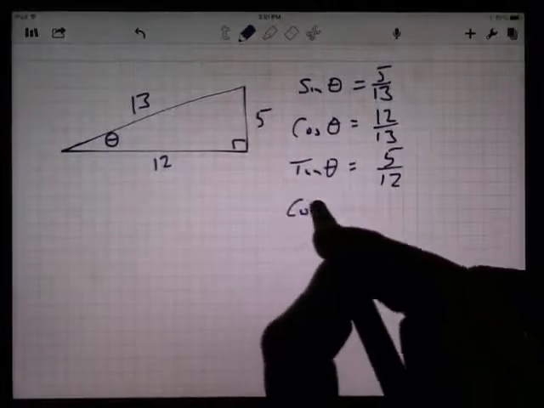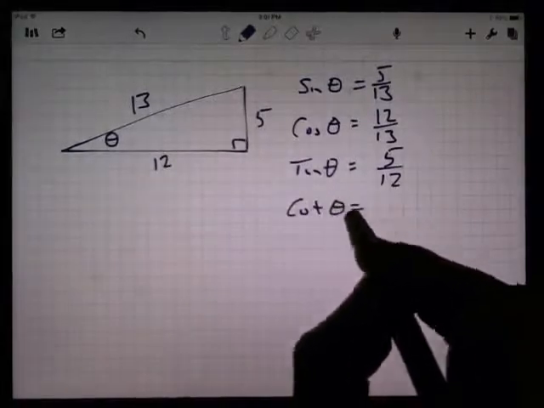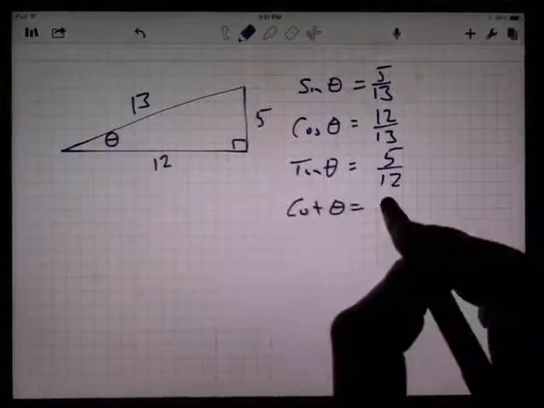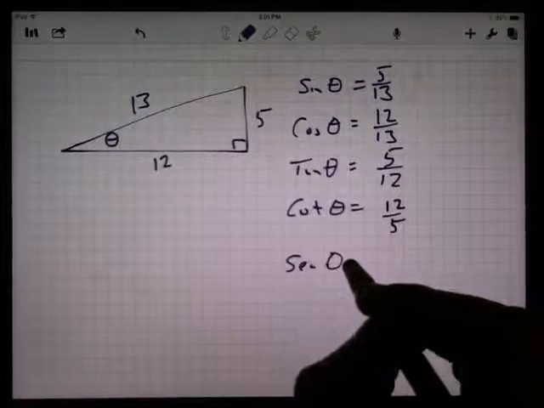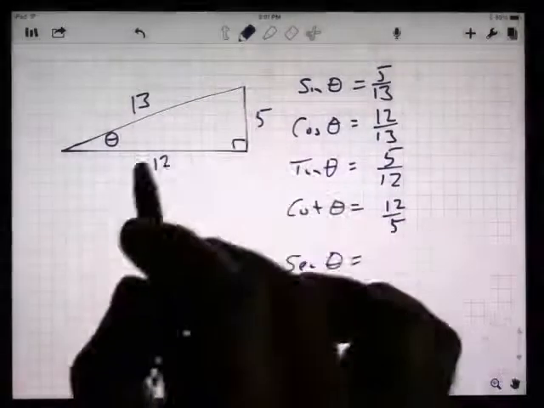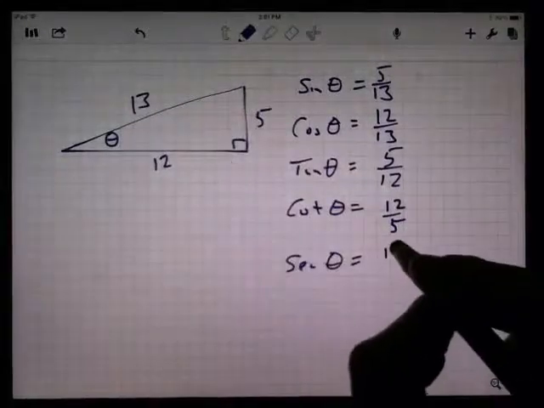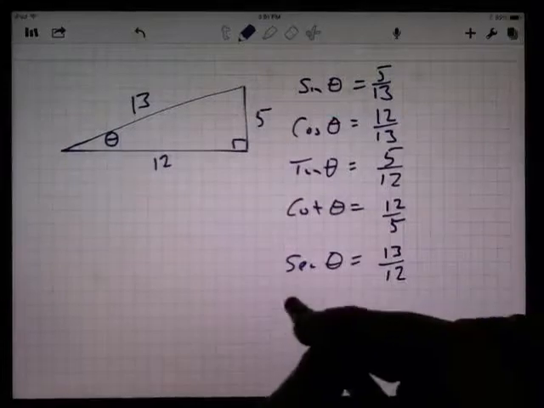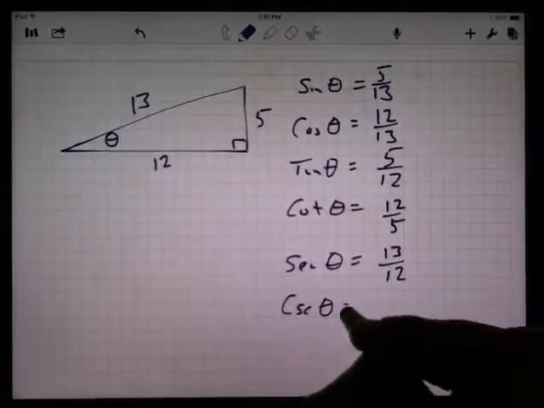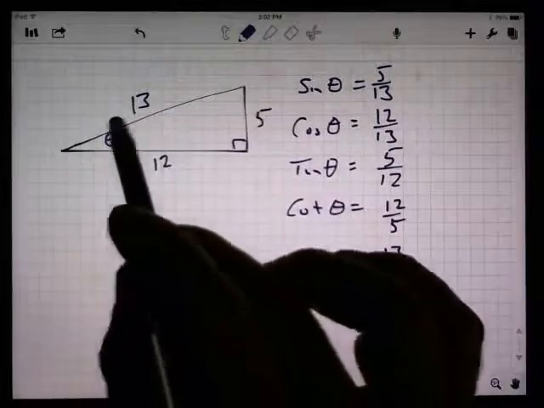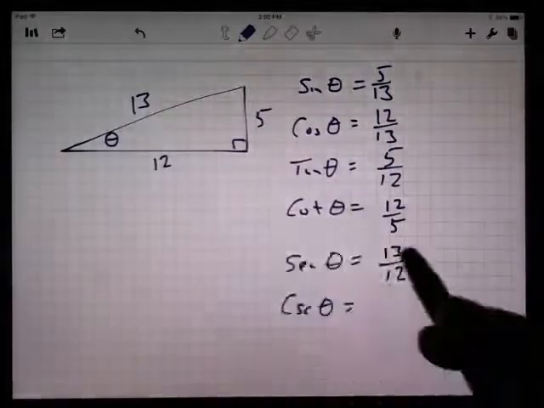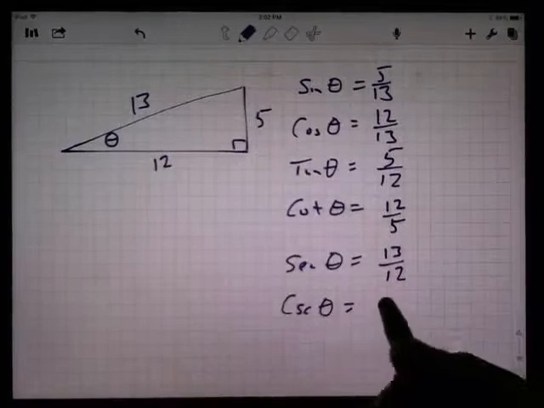Cotangent of the angle is the adjacent divided by the opposite side. The secant of the angle is the hypotenuse divided by the adjacent side. And lastly, the cosecant of the angle is the adjacent, no it isn't, it's this side divided by that one. So it's the hypotenuse divided by the opposite side.